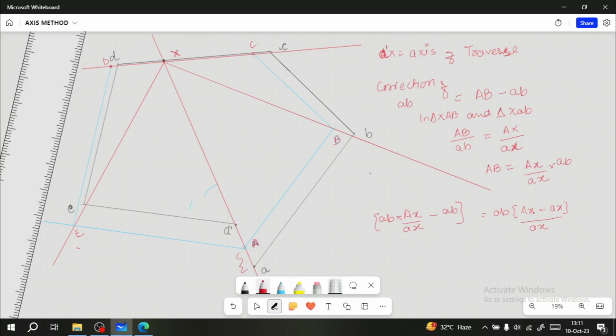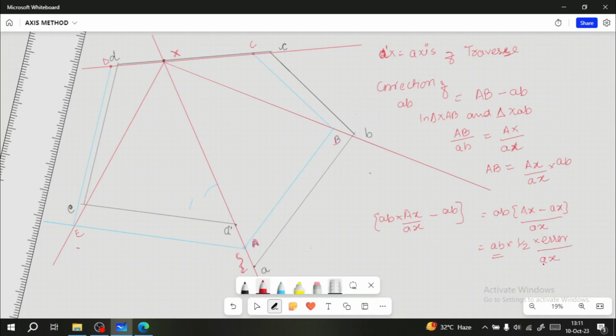As you can see, this AX minus AX will give us this value. AX is the distance from this point to this X, and this is nothing but half of the error. So the correction in line AB is AB multiplied by half of the error upon AX.